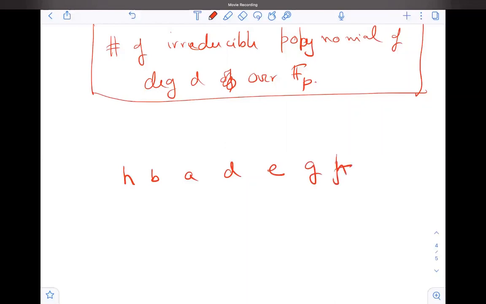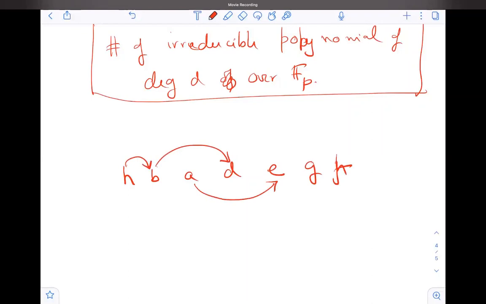The idea is that if B must be done before D, then all the edges must go from left to right.